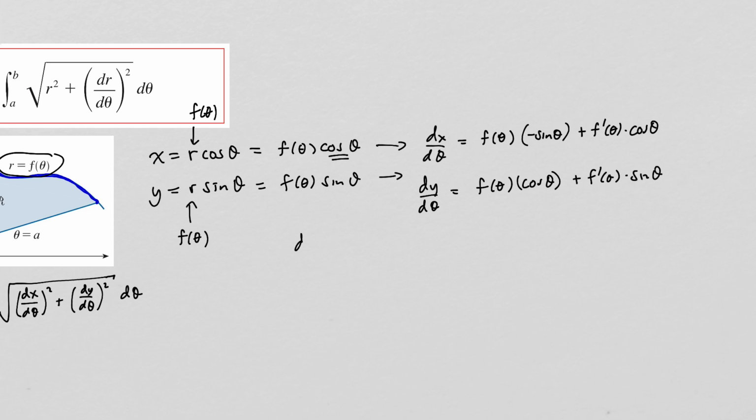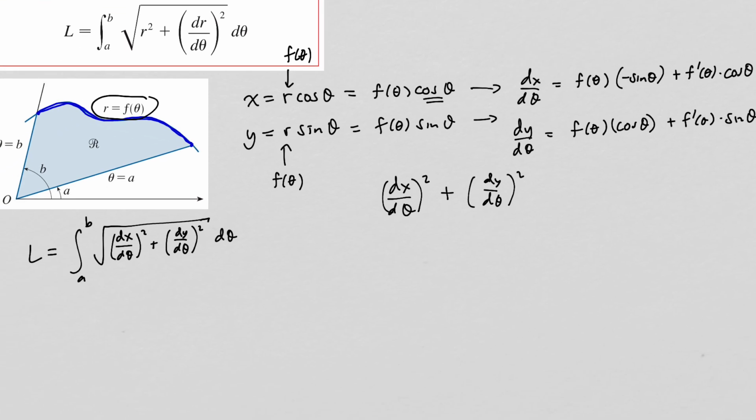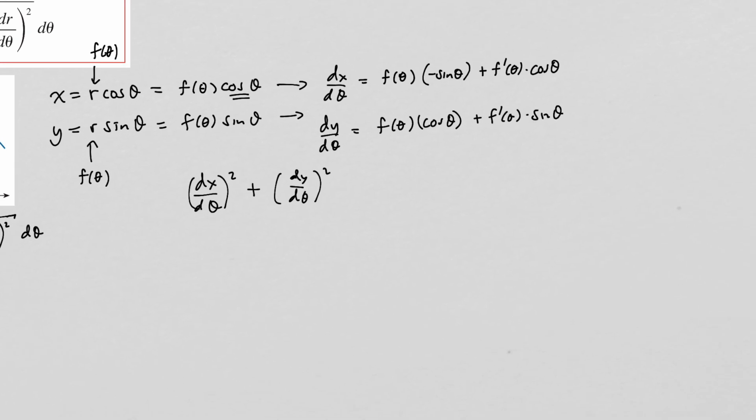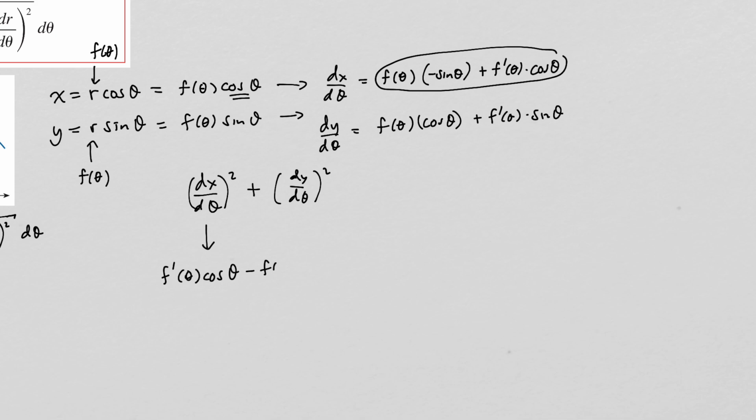And so now let's figure out what (dx/dθ) squared plus (dy/dθ) squared is. The reason I'm interested in that is because that is the expression inside of here. So let's clean this up a little bit. dx/dθ is this thing here, which I'm going to write as f prime of theta cosine of theta minus f of theta sine of theta.